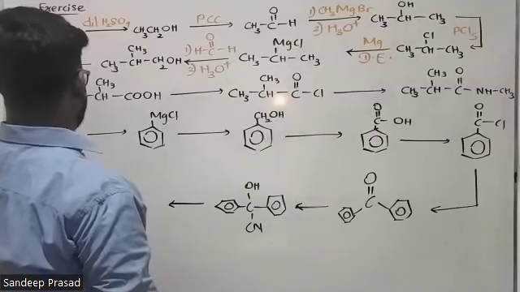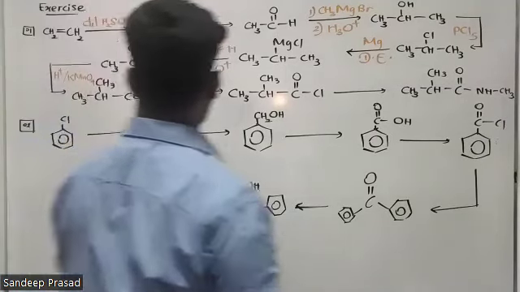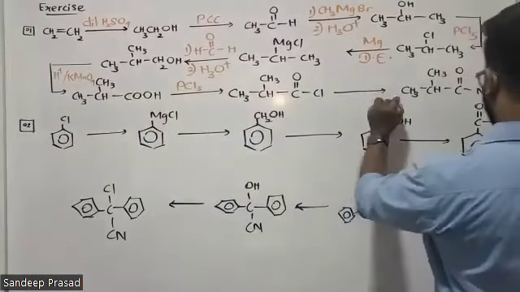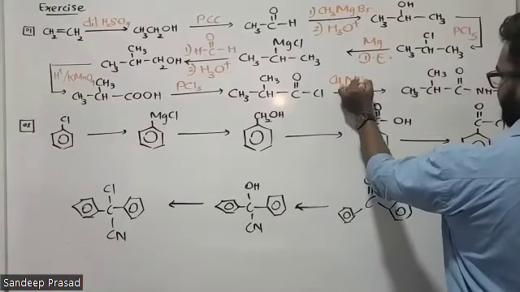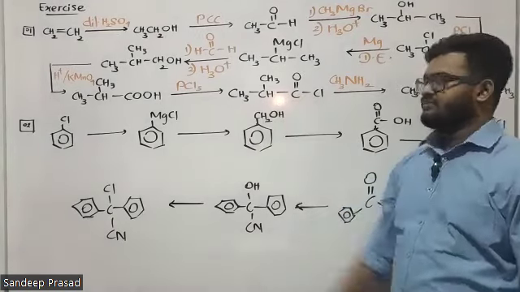Here we can put acidic KMnO4, acidic dichromate, or acidic CrO3, PCl5, PCl3. Then the reaction we just now learned, we are adding a primary amine, like methylamine, to produce this. Actually, I have done a mistake in this conversion.